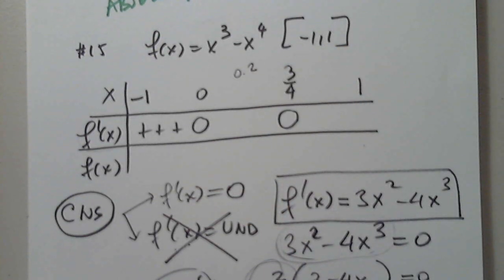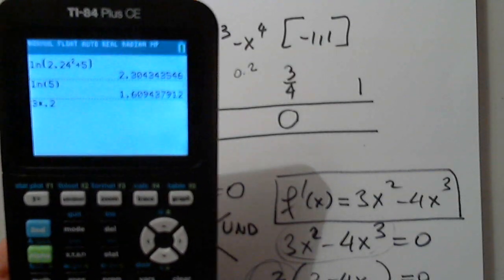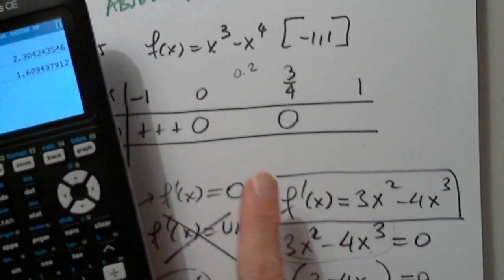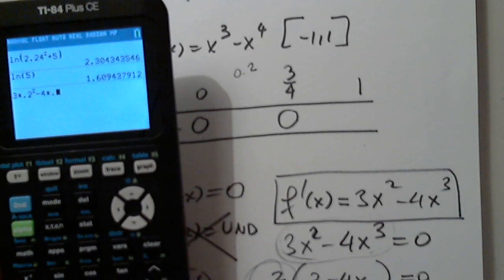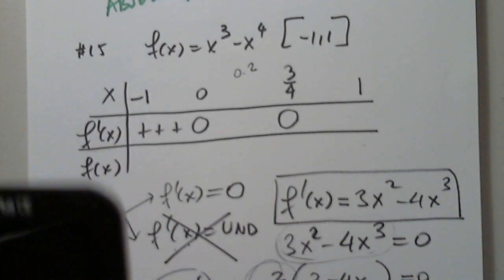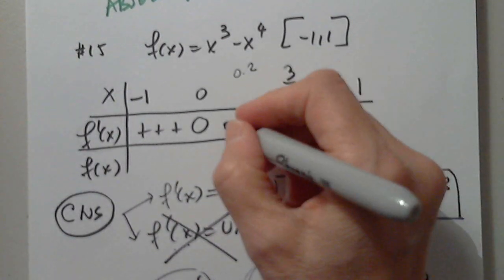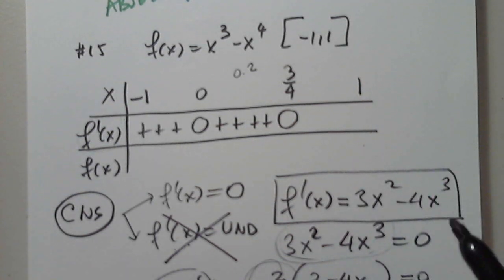We can do this quickly with a calculator, so I don't confuse you. So I have 3 multiplied by 0.2 squared minus 4 multiplied by 0.2 to the third. And I got still positive. Good. And now let's plug in 1. 3 minus 4, negative.